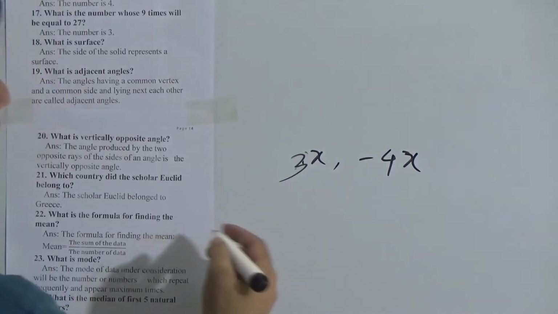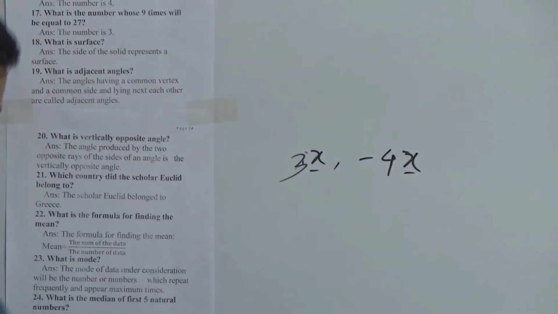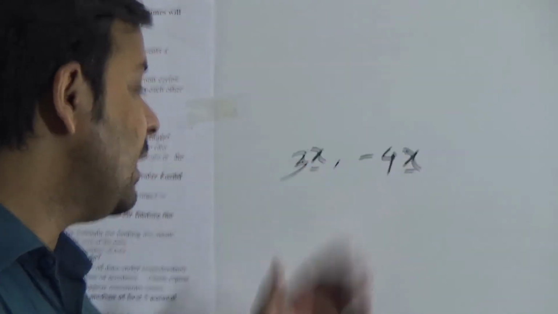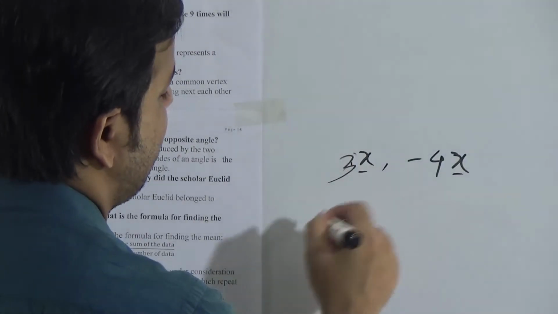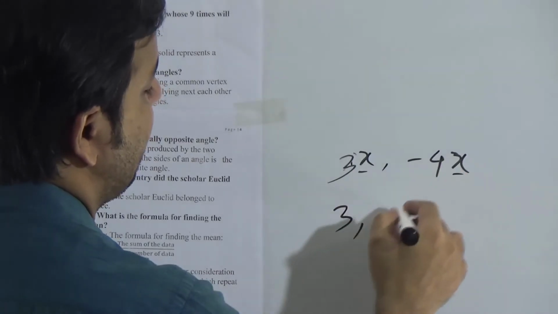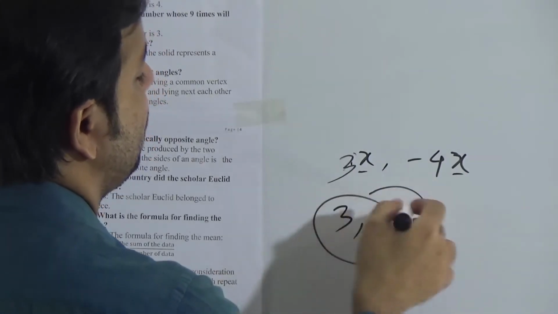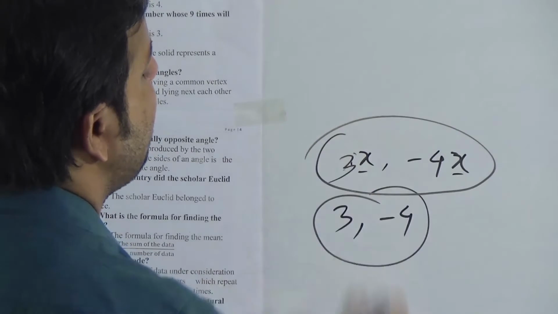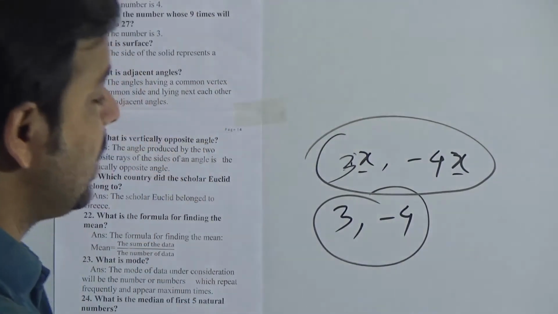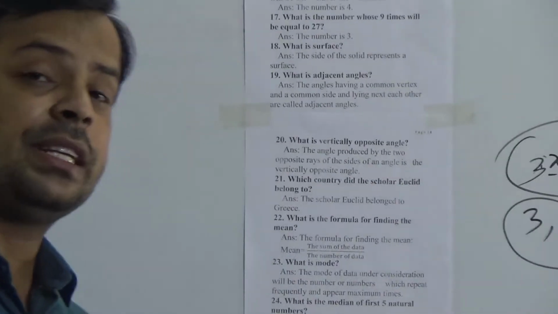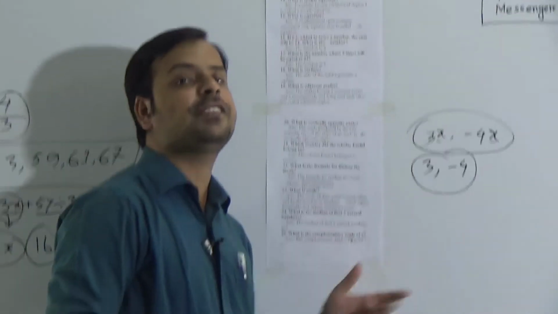Now see here the variable is same. It means the unknown quantity is same. They differ only in their numerical coefficient. Here the numerical coefficient is 3, here the numerical coefficient is 4. So these 2 terms are said to be similar. 2 terms are said to be similar if they differ only in their numerical coefficients.